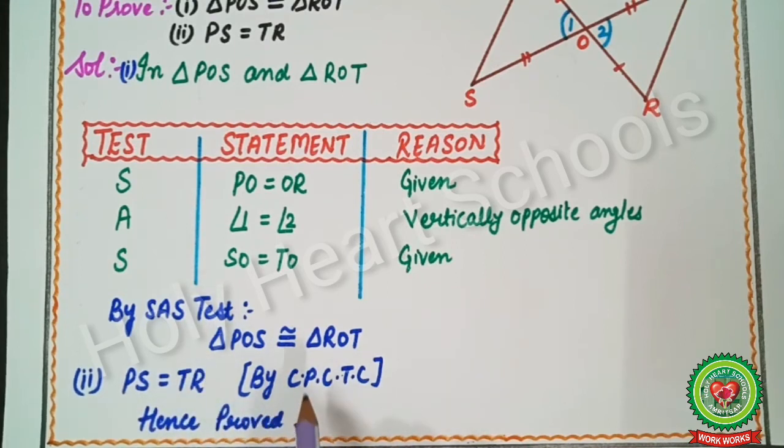By CPCTC. Because we have proved that these two triangles are congruent, their corresponding parts will also be congruent. So here we can write PS is equal to TR by CPCTC. That is, corresponding parts of congruent triangles are also congruent and equal. So hence we have proved that these two triangles are congruent and their corresponding parts are also congruent, right?